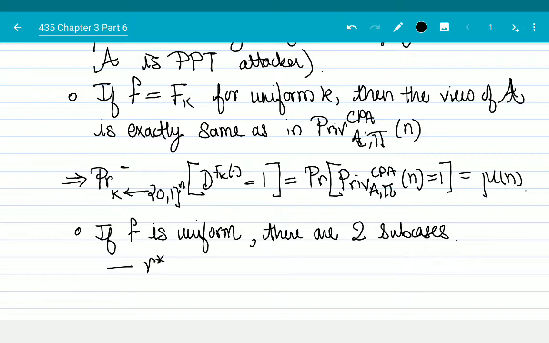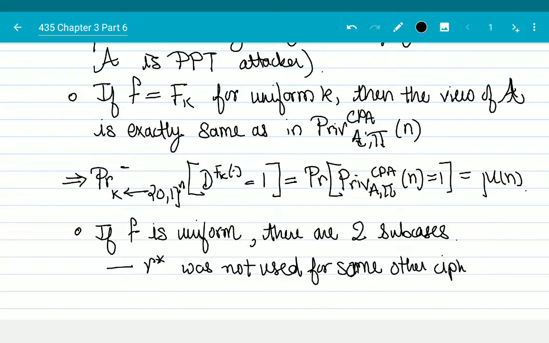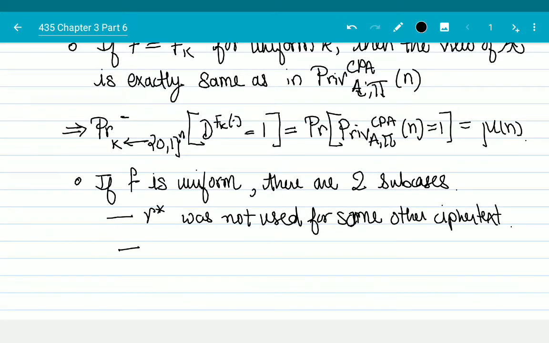In the first case, R star was never used before for some other ciphertext that we queried, because A can make polynomially many queries, right?